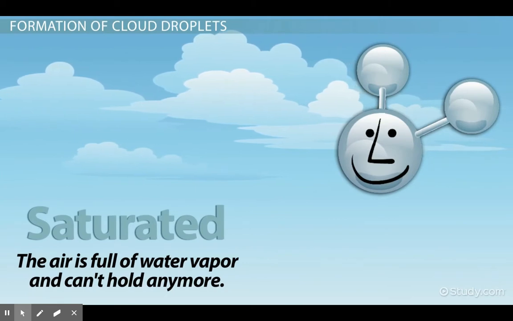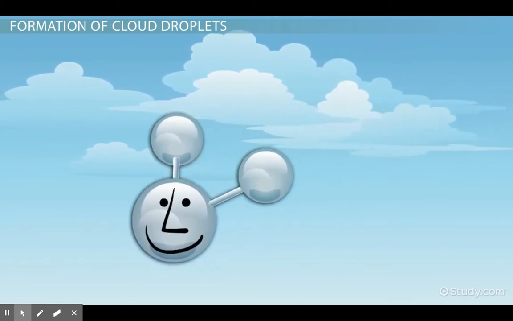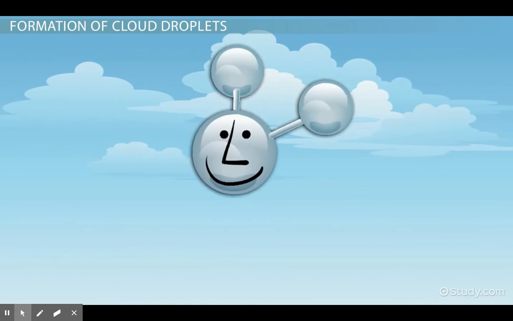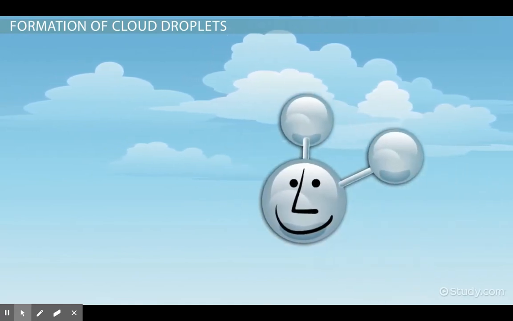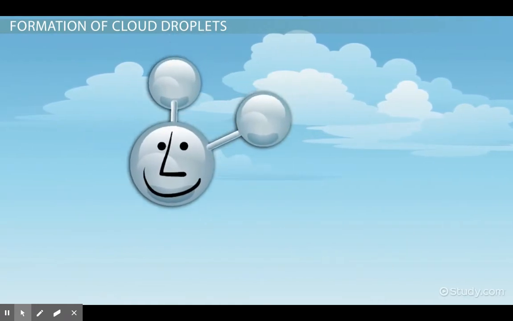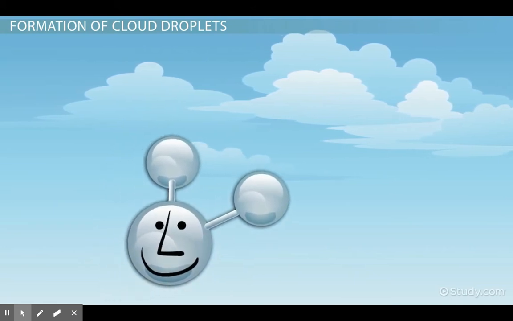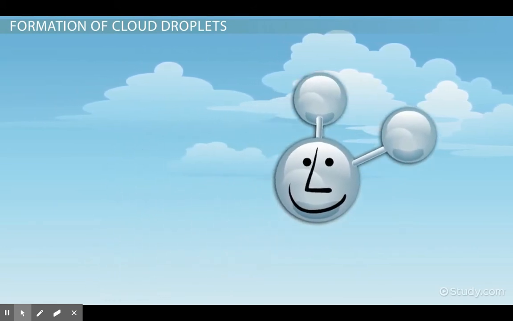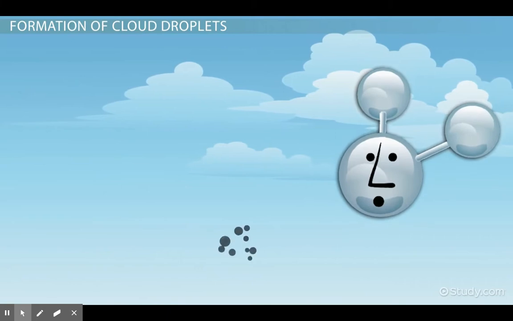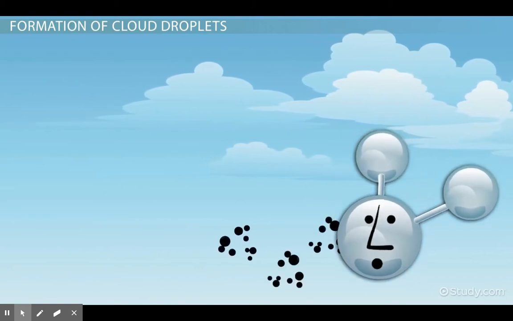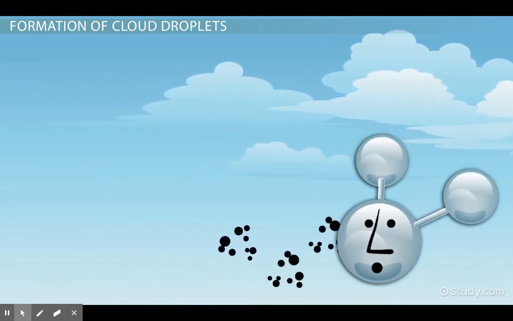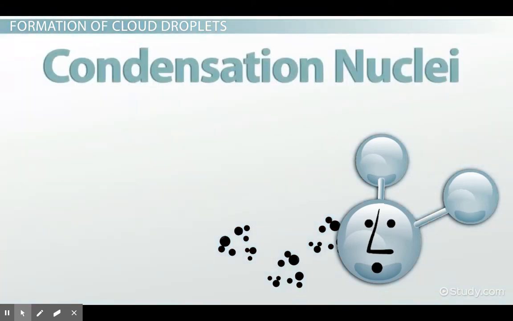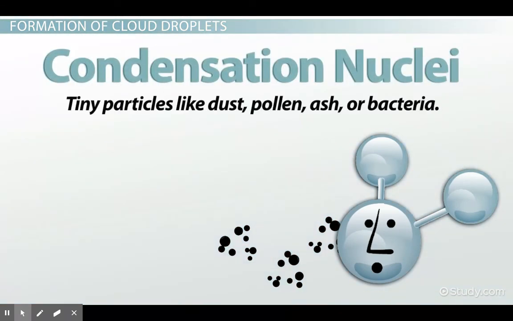Okay, so now you know what saturated means and a couple of ways saturation can happen. So let's check back with Wally, who's still bouncing around in the atmosphere. Wally is now in saturated air, so he really wants to condense. But there's nothing to condense on in the atmosphere. Or is there? Uh-oh, it looks like Wally's about to bump into something. Look out! Wally just collided with condensation nuclei, or tiny particles like dust, pollen, ash, or bacteria that are floating in the atmosphere.